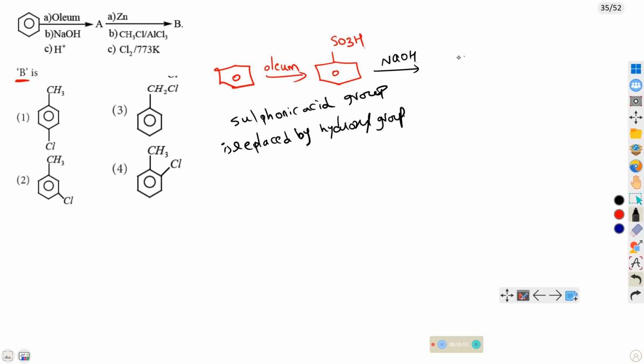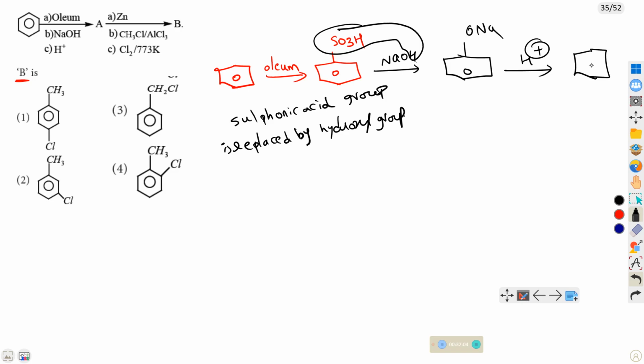Then it gives C6H5ONa, which means H2SO3 is removed. Now H plus, then it gives phenol. So A is phenol.